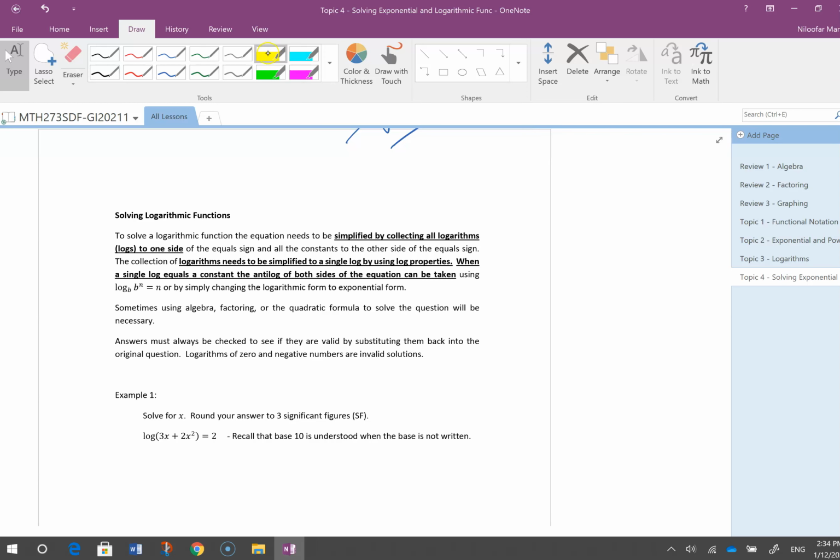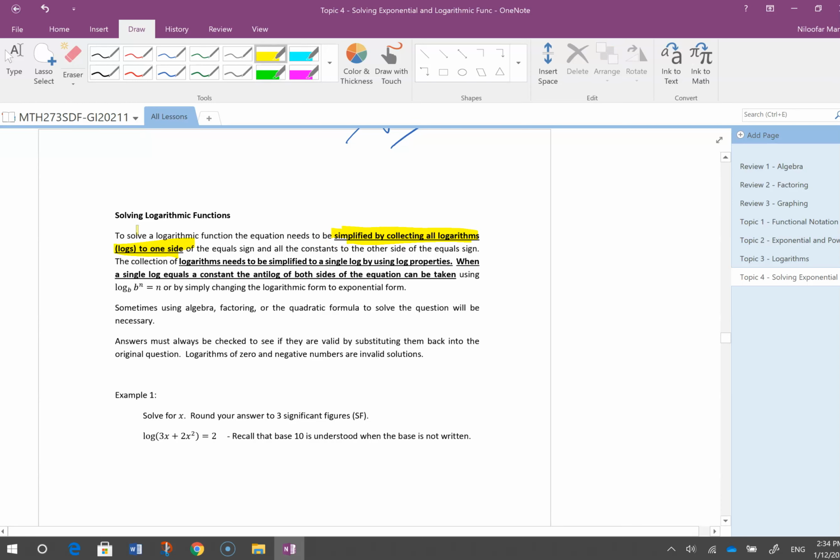So the method that I have to use, of course I'm going to show you on all examples, but before I start, the best thing is that we need to collect all the logarithms on one side. Okay, all of them on one side.